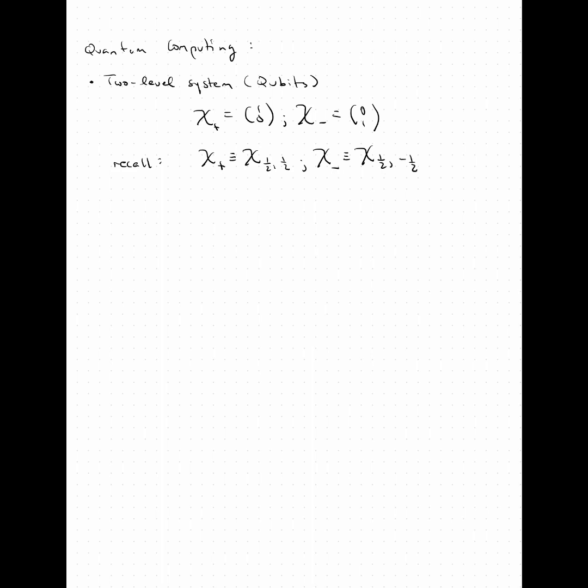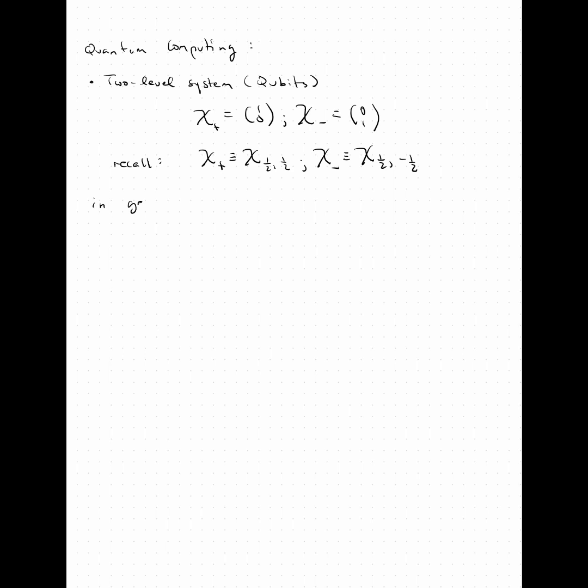Okay, we define chi plus and chi minus as these states: 1/2, 1/2 for chi plus, and 1/2, minus 1/2 for chi minus, and these correspond to S and M sub S. So S is the first index, M sub S the second index.